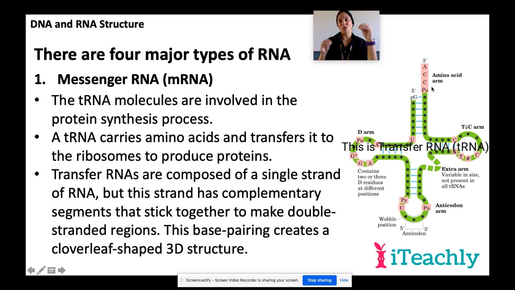So it's not that long strand or the ribosomal clump. This is actually clover shaped. And what the transfer RNA does, it actually brings to the ribosome the parts to make the protein. So it brings amino acids to the ribosome so that we're able to make a protein.